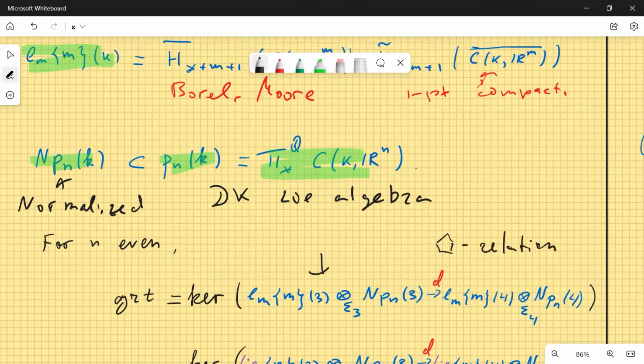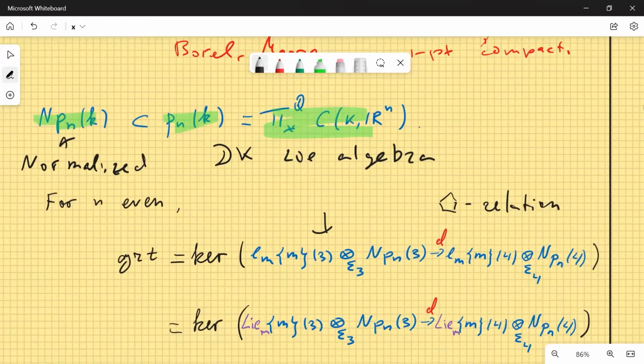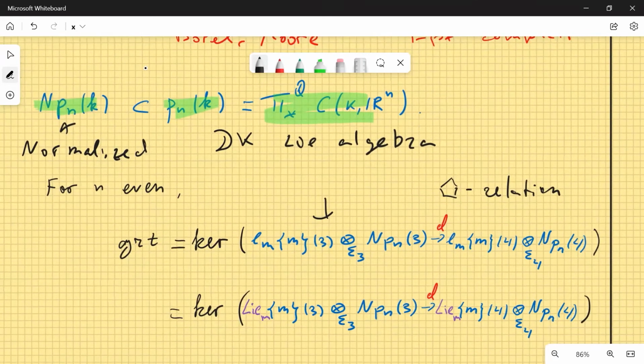And we know that pentagon implies hexagon. And this really expresses the fact that we can replace the Poisson operad by its suboperad of Lie algebras. So we take the suboperad of Lie algebras, and the homotopy is going to be concentrated in just this term.